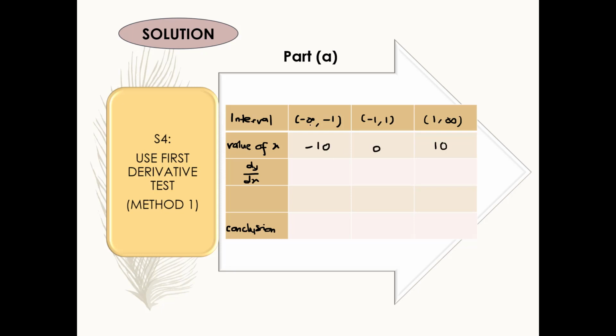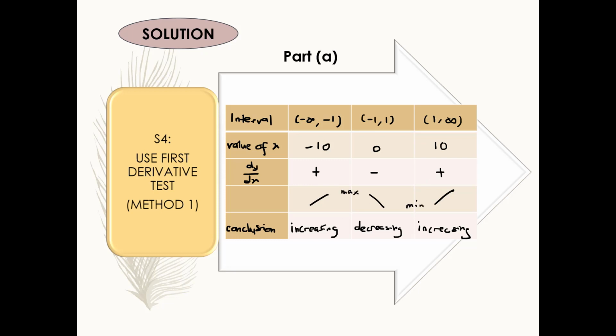And then when x equals to negative 10, the dy/dx will be positive, and then negative, and then positive. And when positive, it is increasing, and then decreasing, and then increasing. So we put the conclusion. Okay, so when increasing and then decreasing, we get maximum.